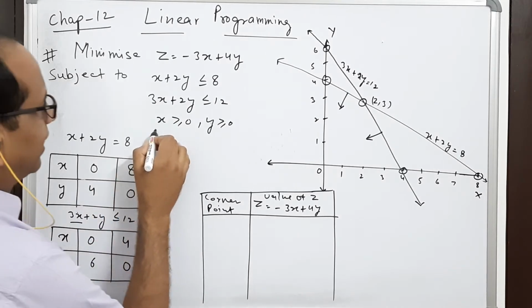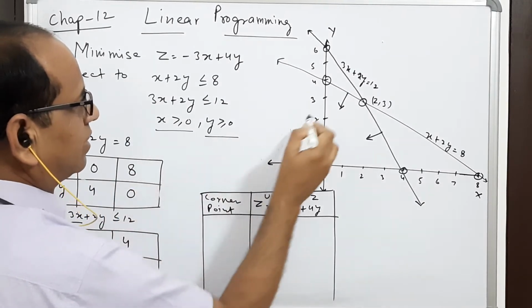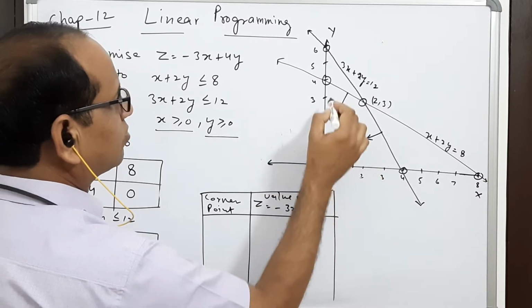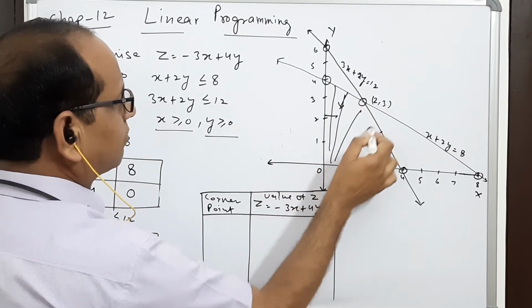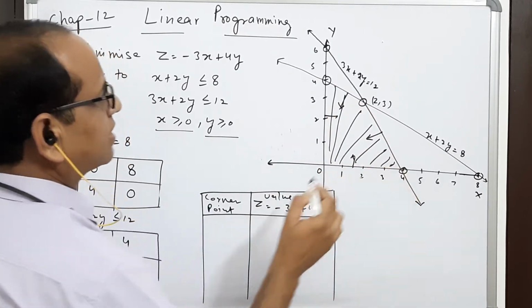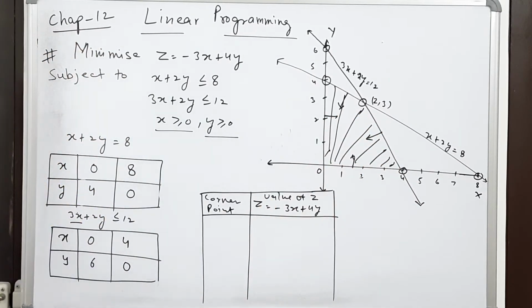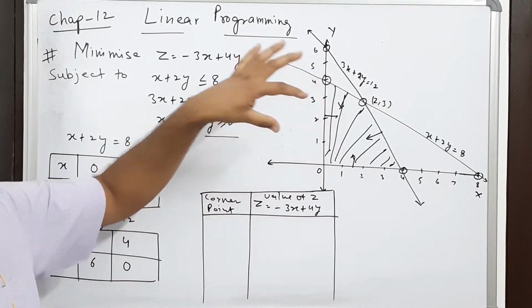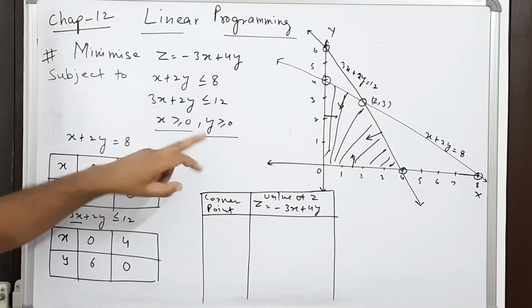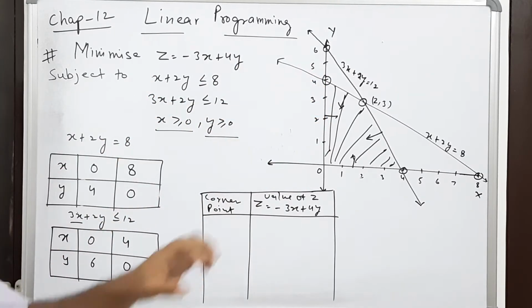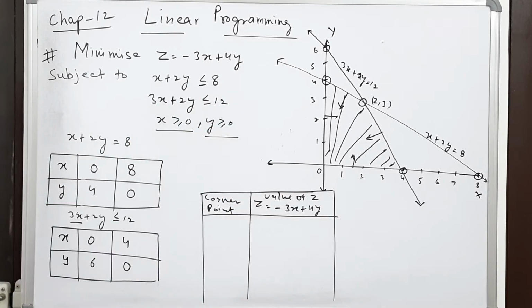Then it is told x greater than 0 and y greater than 0, which means the answer will be in the first quadrant. So this part will be the feasible region, as you have studied in the 11th class also. This part will be the common answer for all four inequations. That is the common region, and this region is known as the feasible region.